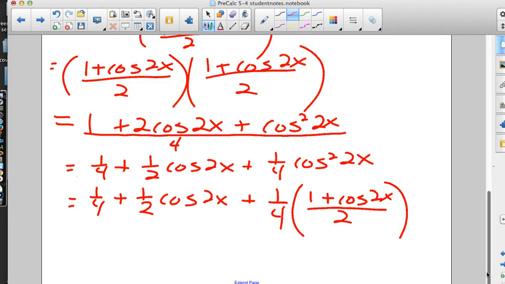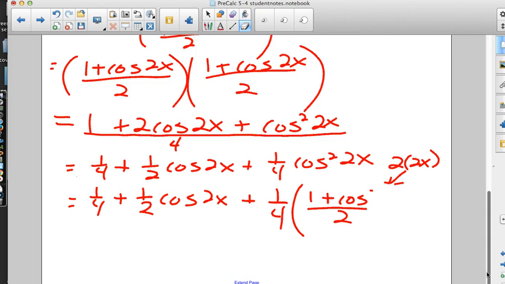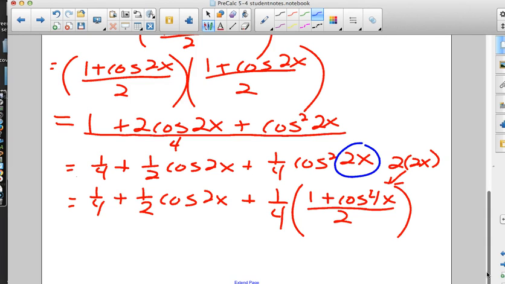Except we just put a 2x into a formula that already had a 2 in it. So that's not 2x anymore. That's a 4x. Before, when we were just putting an x in it, we could just get 2x back. But now, that says 2x. So 2 of the 2x's would be 4x.